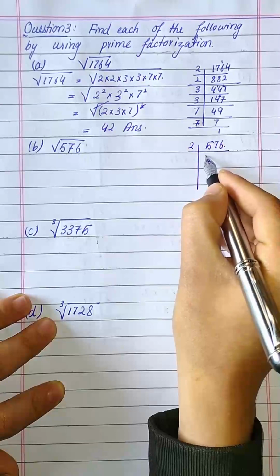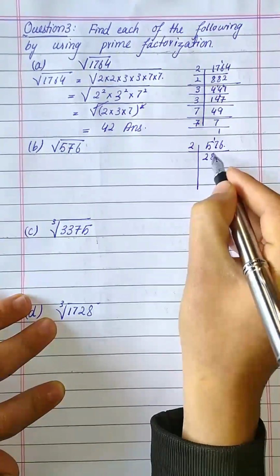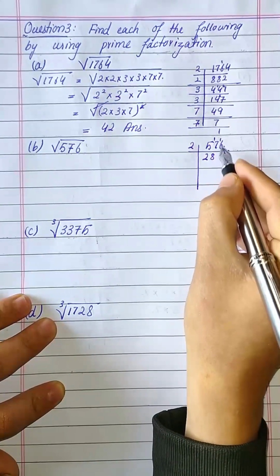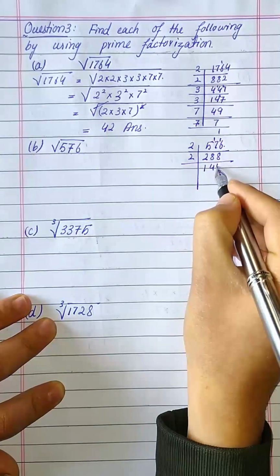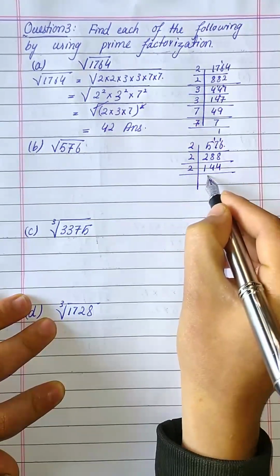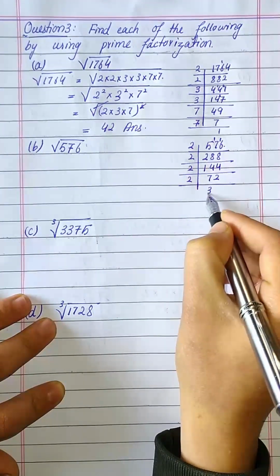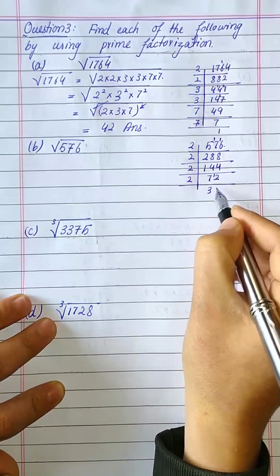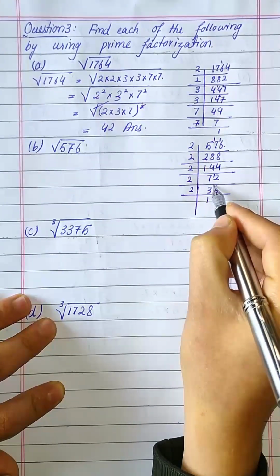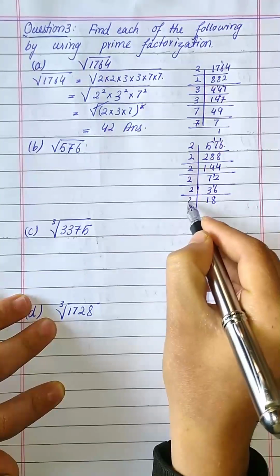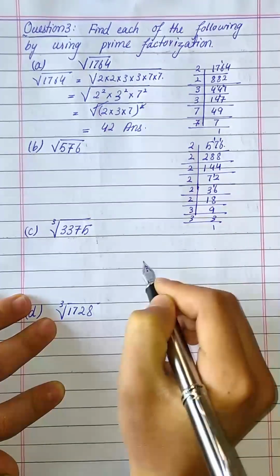So 2 2s are 4, 5 minus 4 will be 1, so 17, 2 8s are 16, 17 minus 16 will be 1, so 16, 2 8s are 16, and then again 2 1s are 2, 2 4s are 8 and 2 4s are 8, then with the table of 2, 2 7s are 14 and 2 2s are 4, then with the table of 2, 2 3s are 6, 7 minus 6 will be 1, so 2 6s are 12, and then 2 1s are 2, 1 will be given to the 16, so 2 8s are 16 and 2 9s are 18, and 3 3s are 9 and 3 1s are 3.